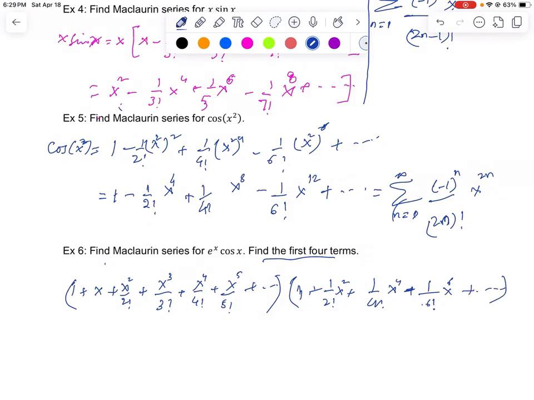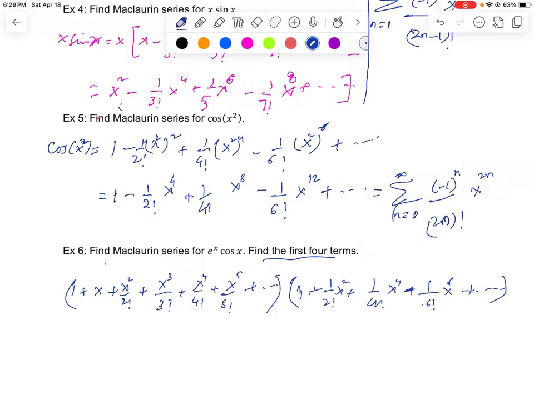So now how do we multiply these? Because these are infinite series, so we cannot do infinite multiplications. That's why the question says find the first 4 terms. So we multiply out and then see how many terms we need in order to have the 4 terms, and what will be the highest power on the variable.